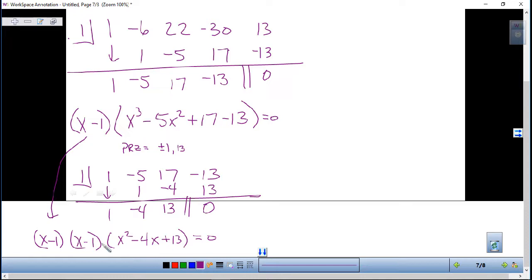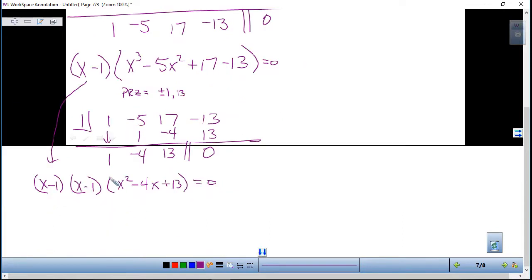So we're looking for all the zeros, which means we've got to factor this, and let's see if we can factor it. I'll factor it right here if I can. x and x. I'm going to go out on a limb and say this probably is not going to factor. Factors of 13 are 1 and 13, and they do not add to give me 4. So I'm going to have to use the quadratic formula again. So let's go ahead and do it right here.